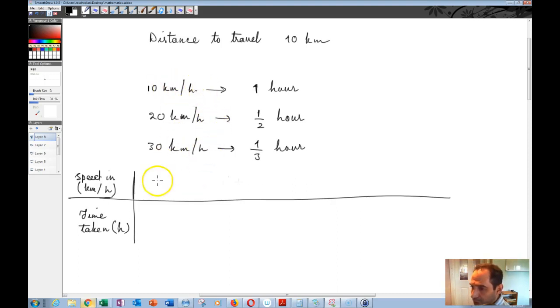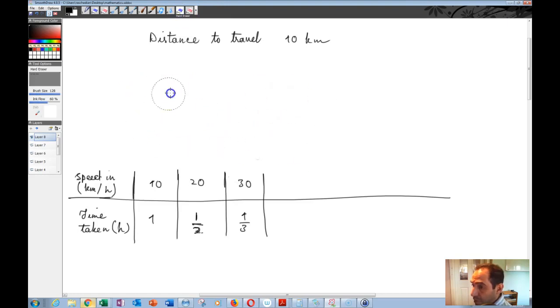When your speed is 10 kilometers per hour, it's going to take you 1 hour. When your speed is 20 kilometers per hour, it's going to take you 1/2 hour to travel the same distance. When your speed is 30 kilometers per hour, it's going to take you 1/3 hours to travel the same distance.